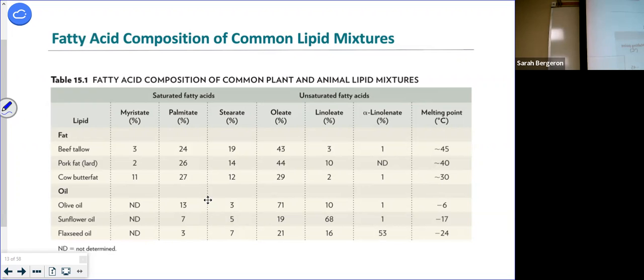And what is ND? It means they couldn't detect it, so it's basically like 0.